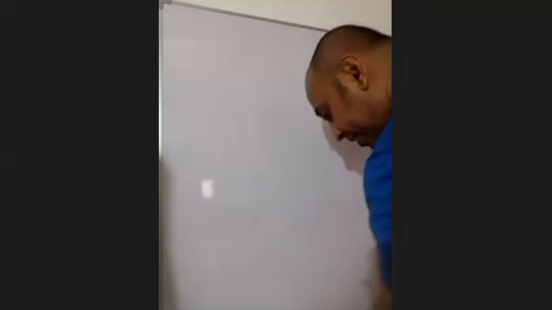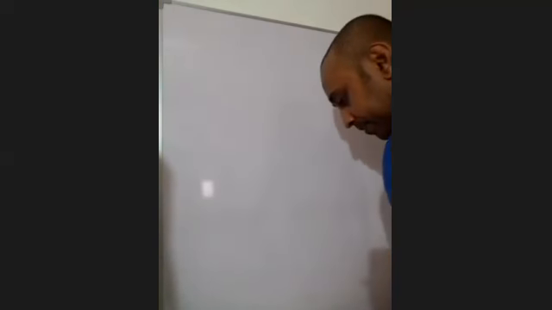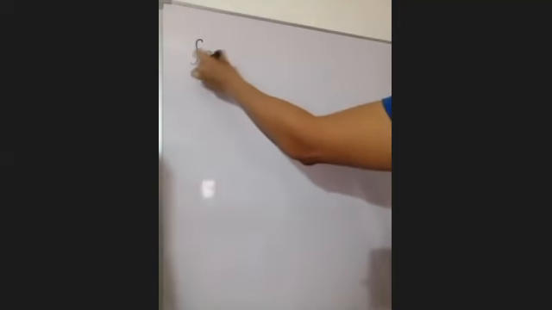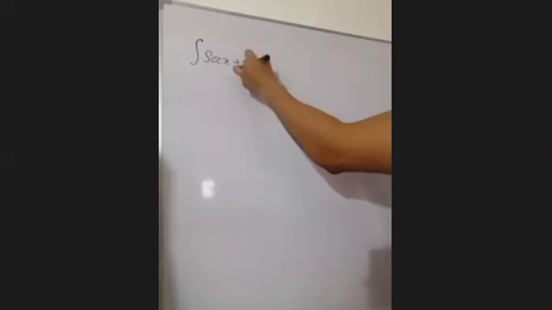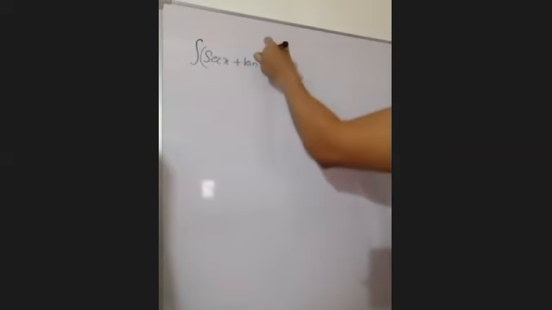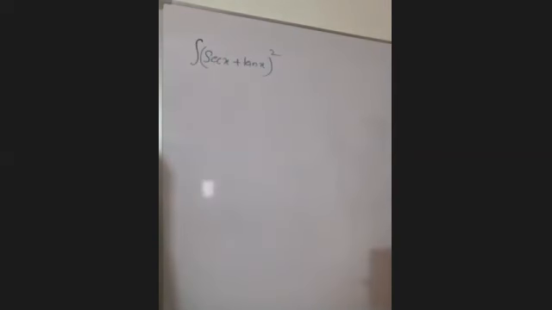Then how are we supposed to learn some kind of examples? Let's go ahead with a few examples and see how to do these things. If you need to do the integration of (sec x plus tan x) all squared, in this kind of situation, we cannot get this integration straightforwardly.